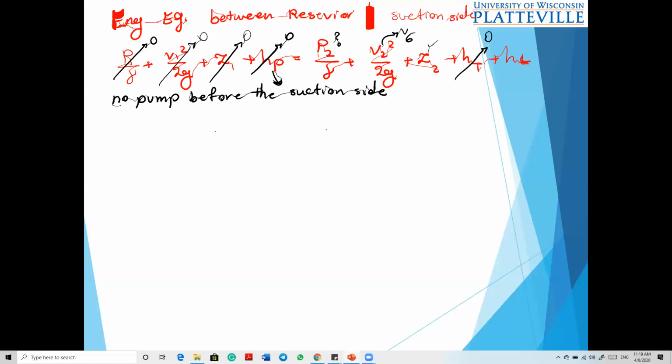Head loss is only due to the 6-inch pipe, this is the important part. So just consider the head loss for the 6-inch pipe.